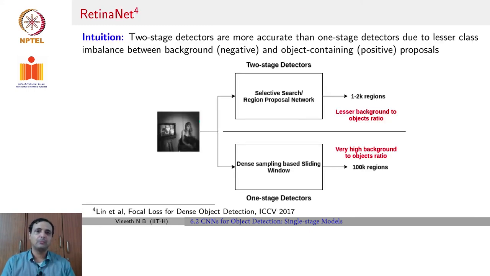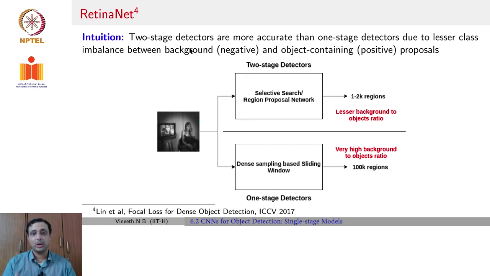A more recent approach to object detection focused on the loss function that's used to train these object detectors. This was known as RetinaNet, and the loss function that was proposed is known as the focal loss, which was proposed in ICCV of 2017. And this relies on the intuition that two-stage detectors were known to be more accurate than one-stage detectors.